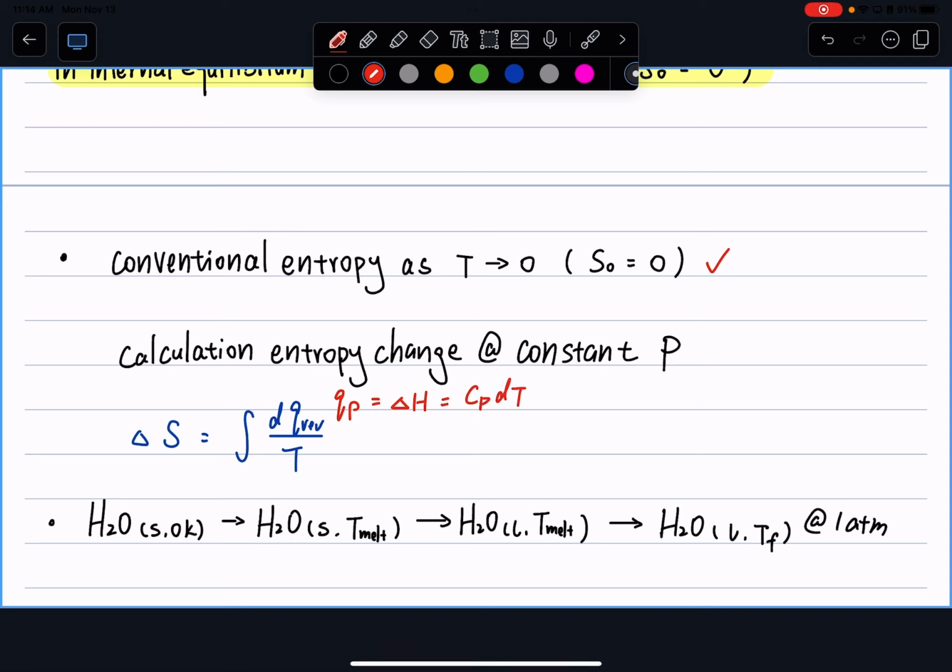This relationship we've seen several times already. Taking it together, delta S is equal to the integral of Cp over T dT. That is the relationship we will be using in this whole process, just at different stages, we're using it differently.